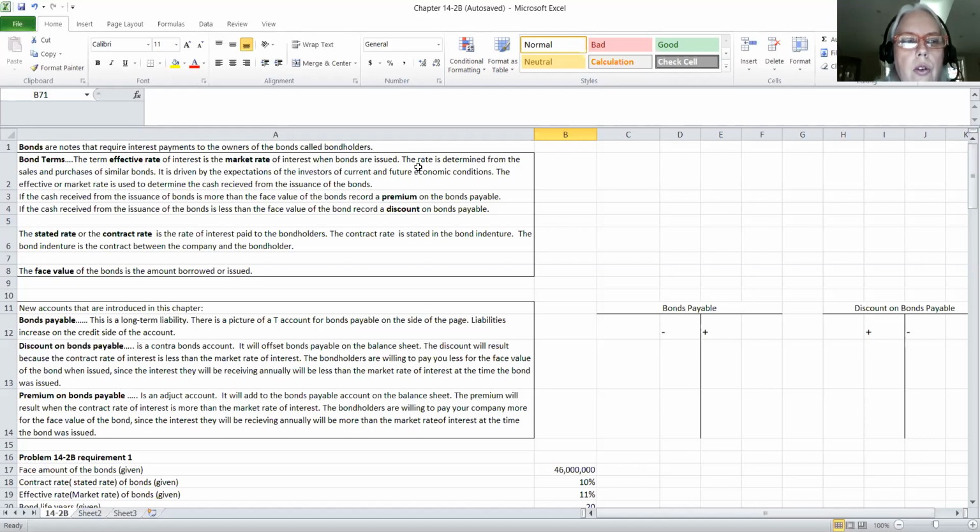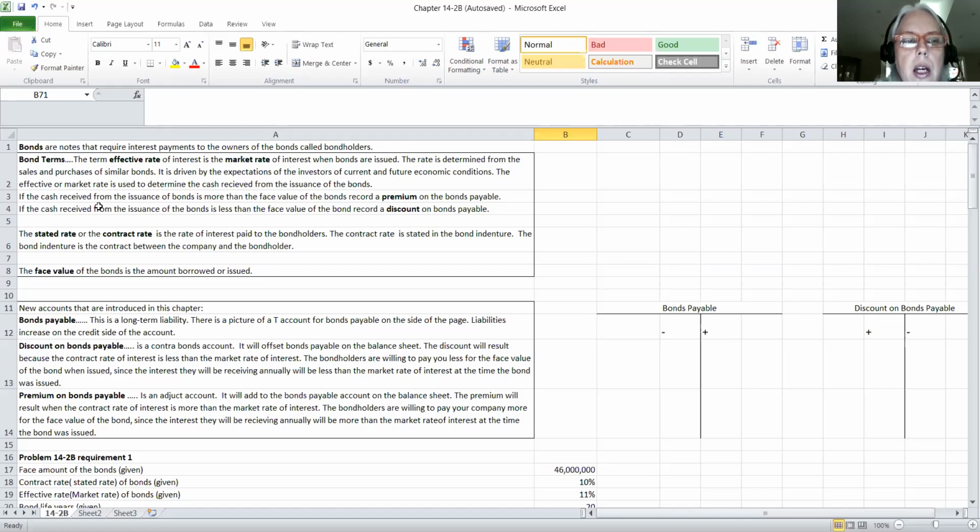This rate is determined from sales and purchases of similar bonds on the market, and it's driven by market conditions and by the investor's expectations about current and future economic conditions of the company. So there's a market rate of interest, which means the same thing as the effective rate of interest, but these will be written in the terms of the bond.